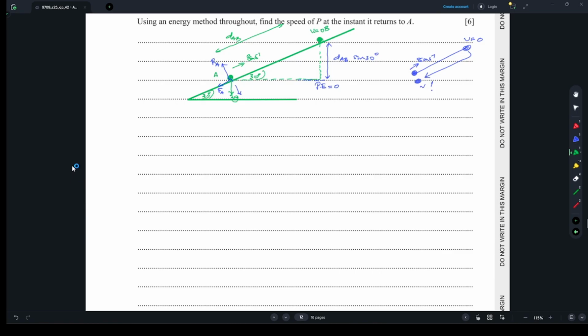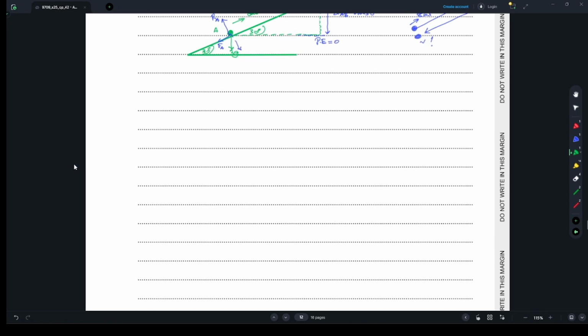So kinetic energy at point A. So initial kinetic energy at point A. Let's write kinetic energy at A. So we apply half mv squared, half mass is 3, velocity was 8.